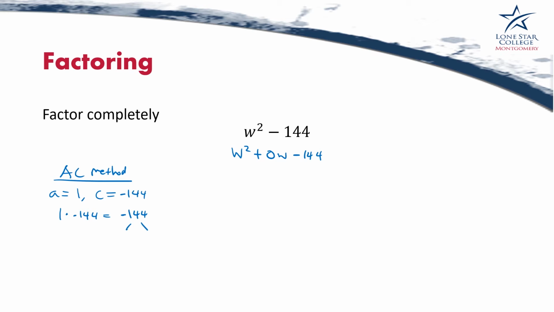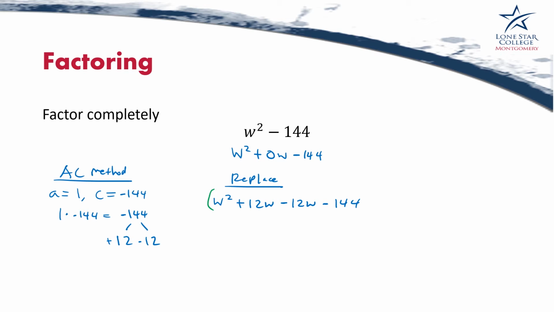Now we find factors of negative 144 that add up to 0. The only way that can happen is with 12 and 12, and they need to be opposite signs to get you 0, so one positive, one negative. So now we replace. W squared stays the same, but we write the middle as 12w minus 12w, minus 144.